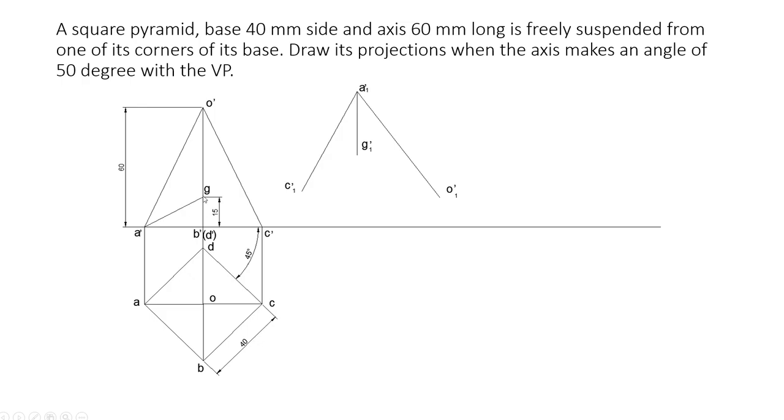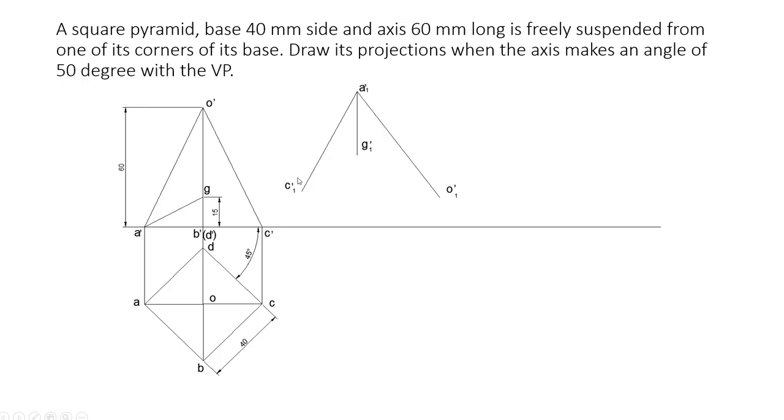Similarly, the other angle, that is the G dash A dash C dash angle, you mark here on the left side, as G1 dash A1 dash C1 dash, with the length A dash C dash.